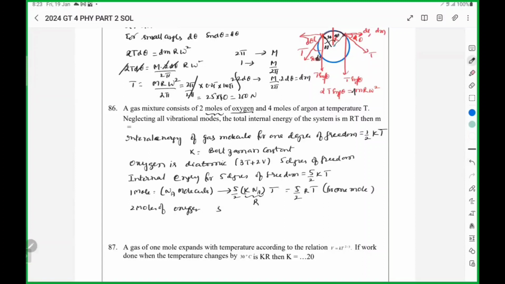Energy associated is 5RT. Argon is monoatomic, 3 degrees of freedom. For 1 mole, it is 3 by 2 RT. So for 4 moles, energy associated is 6RT. So total internal energy is 11RT.